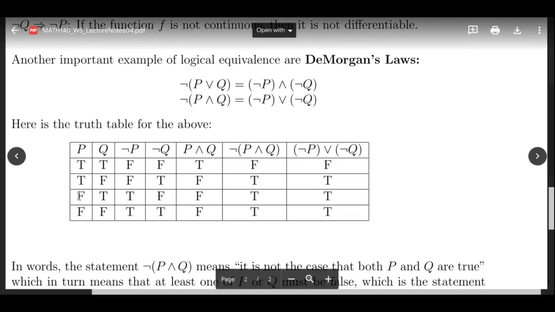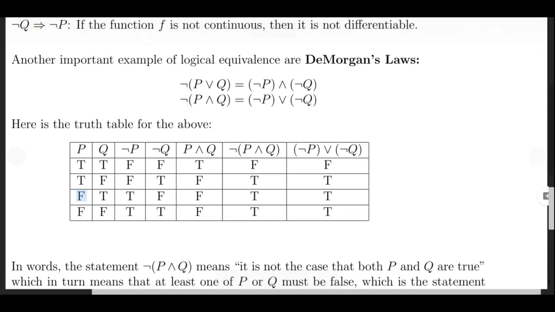Similarly for the third row, if P is false, not P will be true. If Q is true, not Q will be false. Then P and Q will be false, but not (P and Q) will be true. Right? Then let's check not P or not Q. Well, not P is true, not Q is false, but the or is true, right?